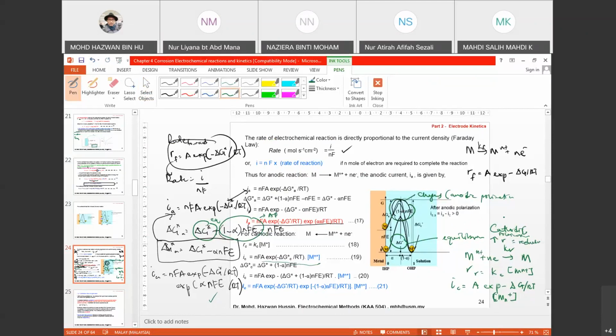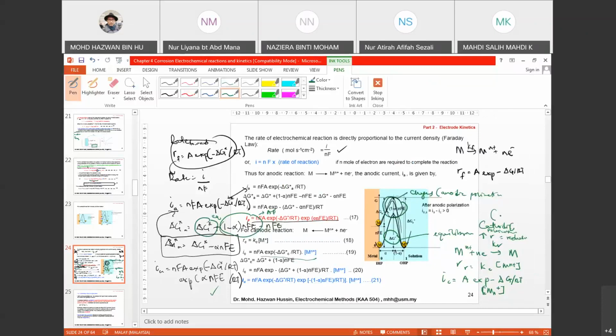So in this case, for cathodic polarization, you have a cathodic current density that is bigger than the anodic current density.